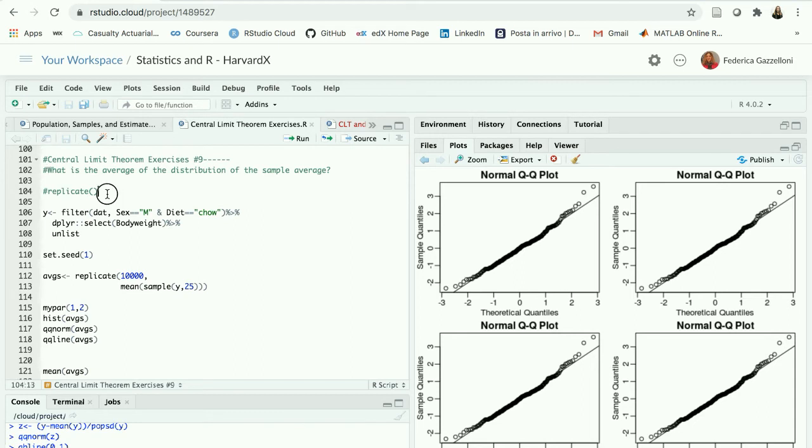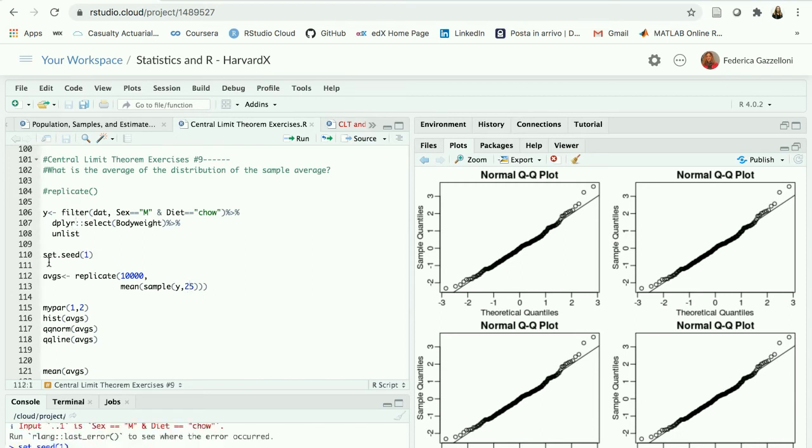We can use the command replicate to make replication of 10,000 means, so 10,000 times our proportion of a random sample of our variable y for 25 mice.